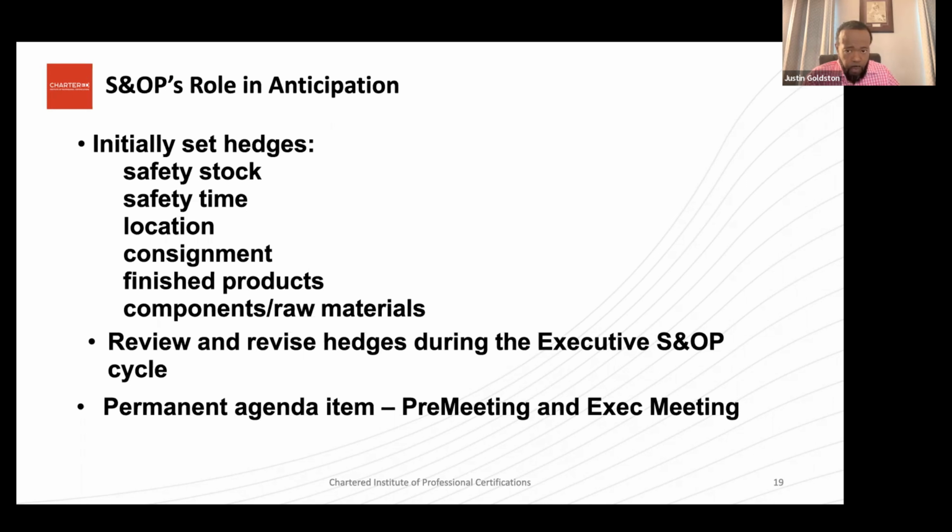So once we have looked at that, then we can see all of those hedges that are applicable for your organization, and then we could actually implement those.